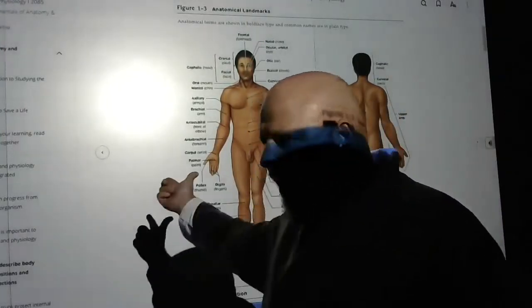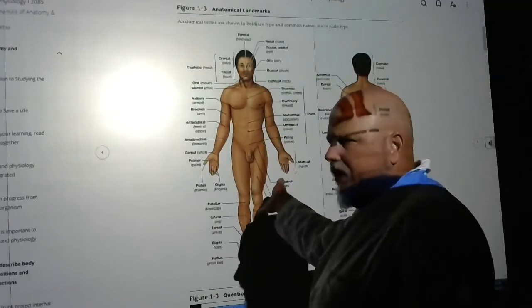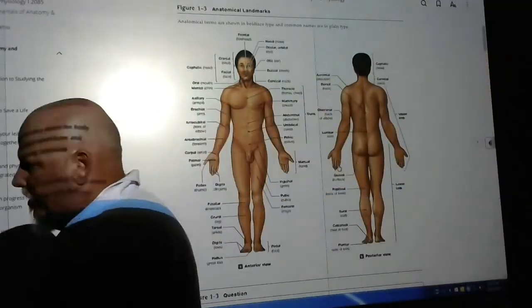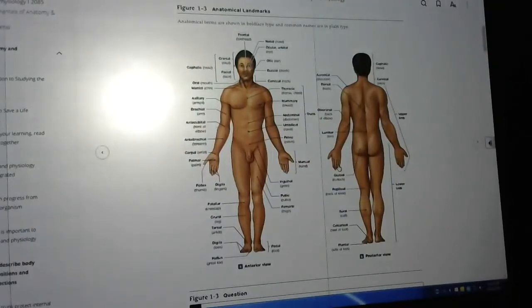Now, the only thing you have to add is that not everybody is standing. You will have a patient come in the emergency room who may be laying on their back. If they're laying on their back, their face is up, and that has a name: supine.